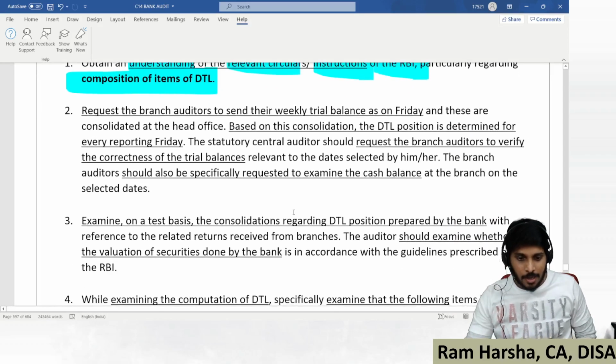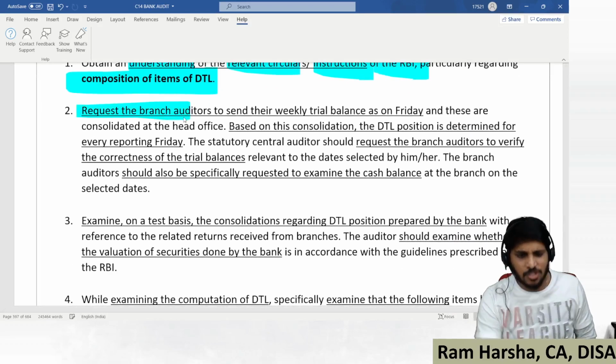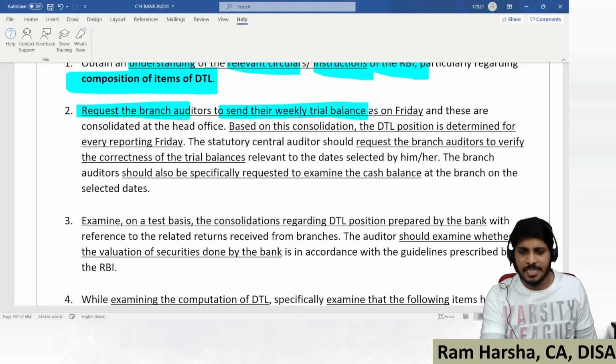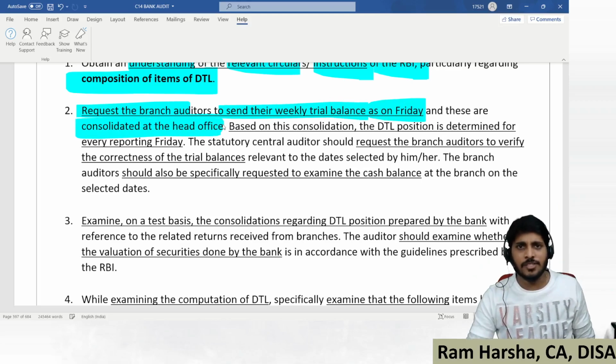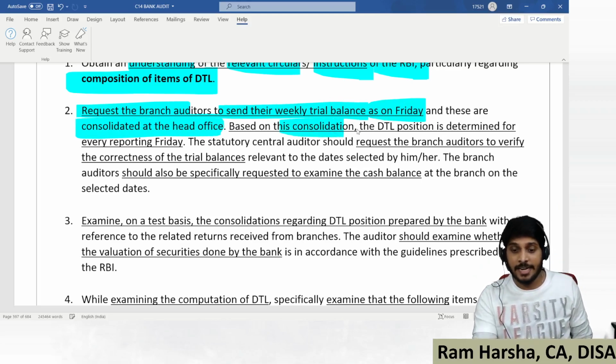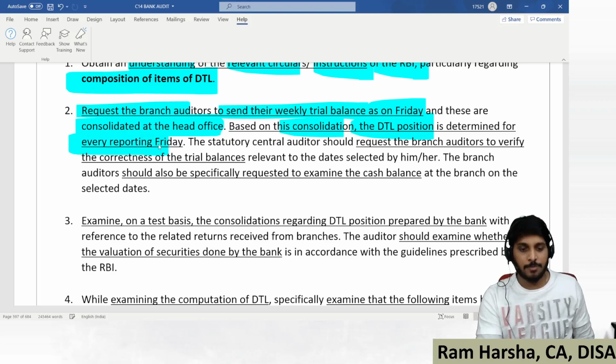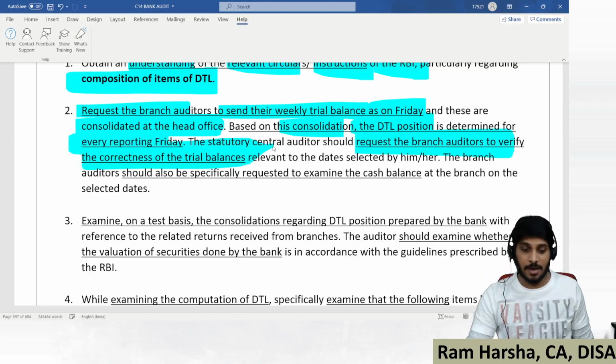Now, the central auditor requests the branch auditors to send their weekly trial balance as on Friday for 52 weeks and consolidate at the head office. Based on this consolidated DTL position for every reporting Friday, the central auditor should request the branch auditor to verify the correctness of the trial balance and DTL position calculated by him.